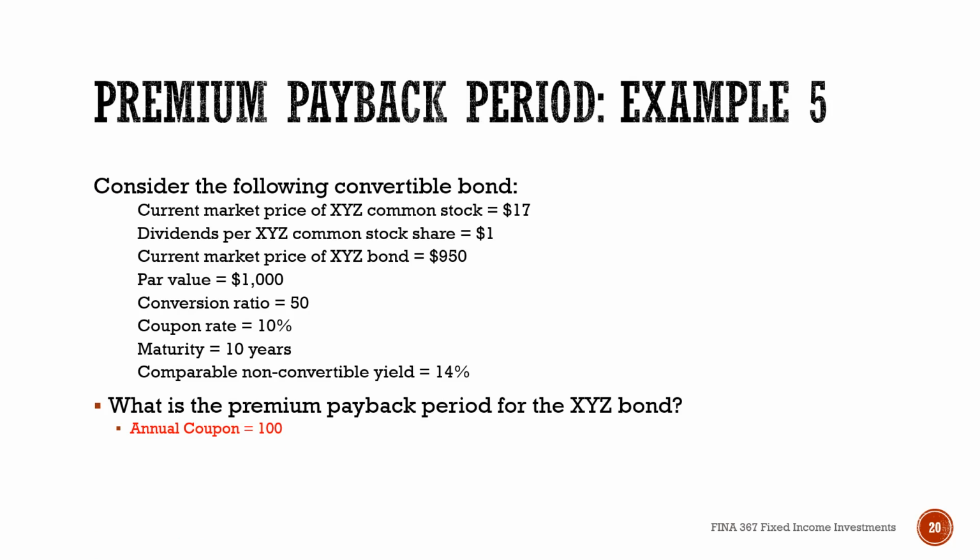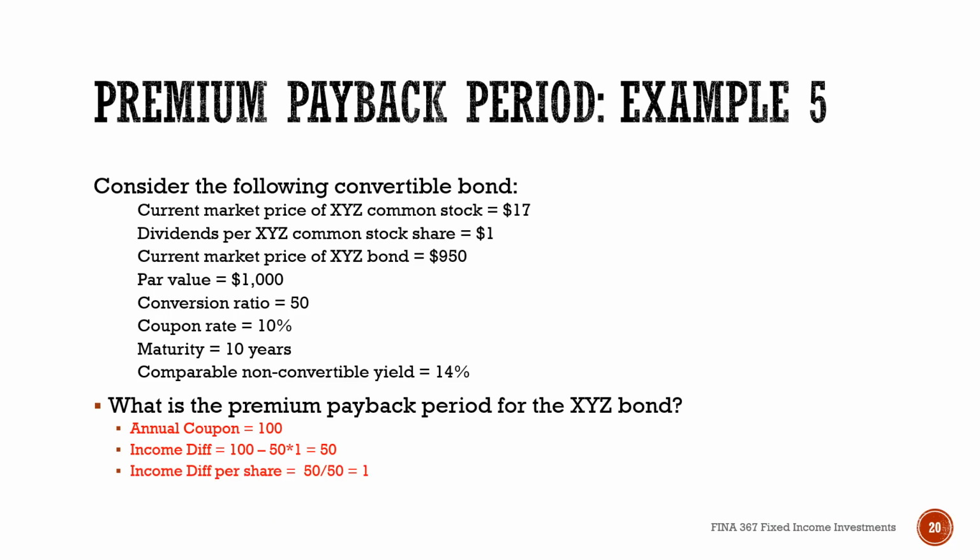Then you calculate the income differential per year as $100 minus the conversion ratio times dividend, which is 50 times 1, and you would get $50. So that gives you the income differential.